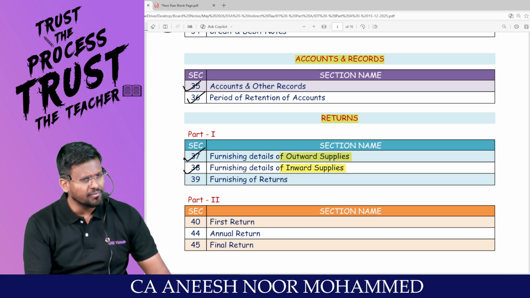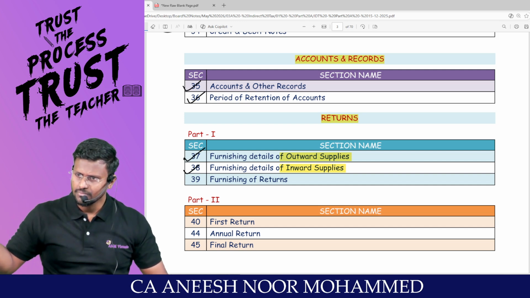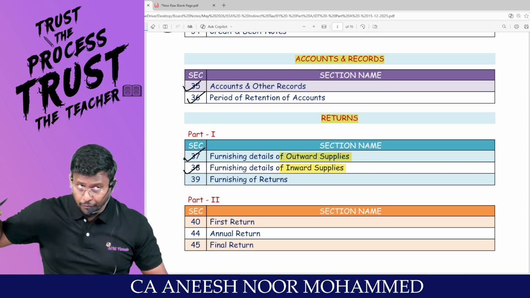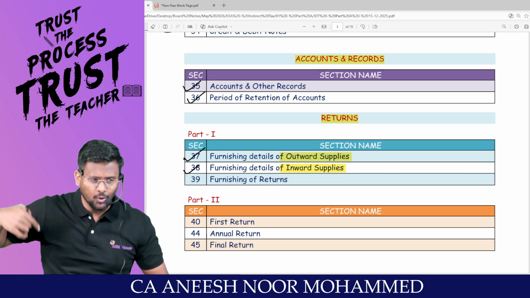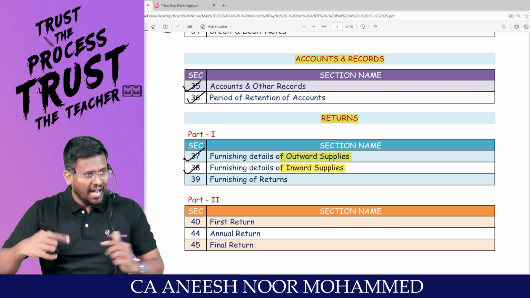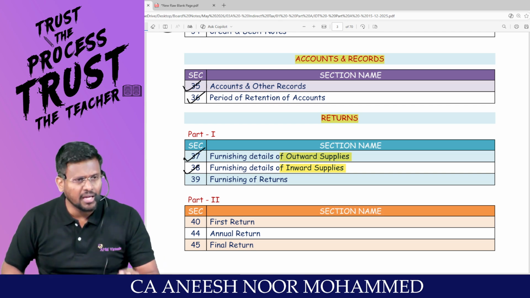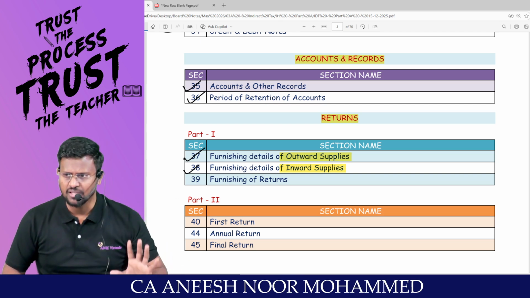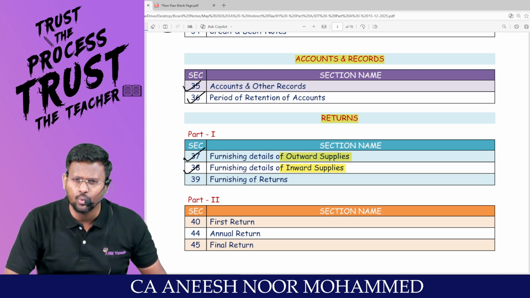Sir, from whom would I have purchased? From my supplier. For my supplier, it is an outward supply, whereas for me, it is an inward supply. After purchasing from my supplier, I will be selling to students. So that is an outward supply for A&M and an inward supply for the students.